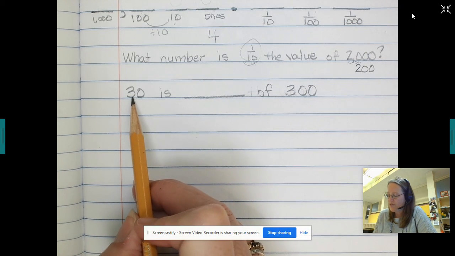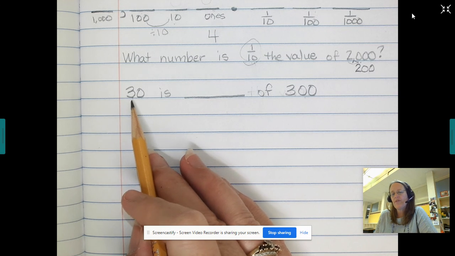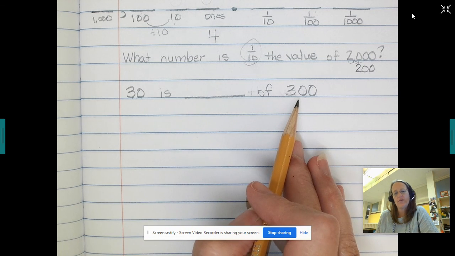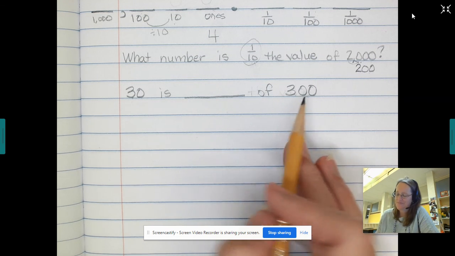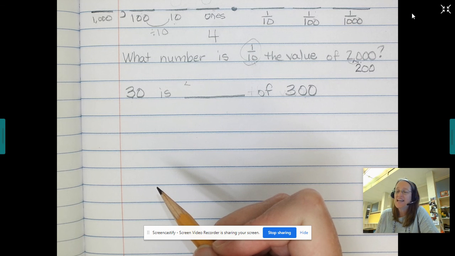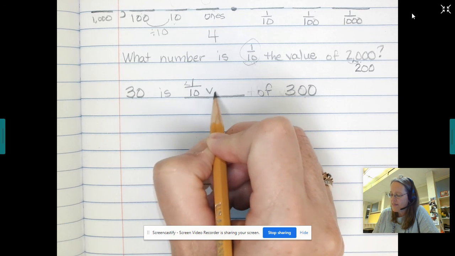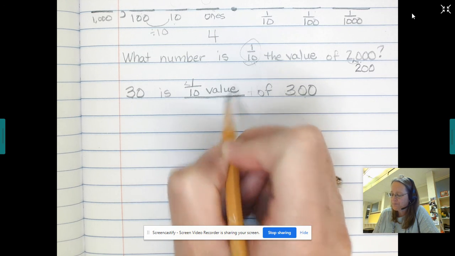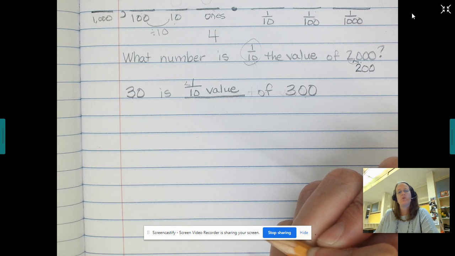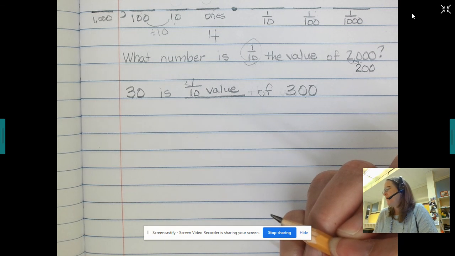So first of all, 30 is less than 300, or 30 is greater than 300? It's less. How much less? 10 times less, or 1/10 the value. 30 is 1/10 the value of 300.